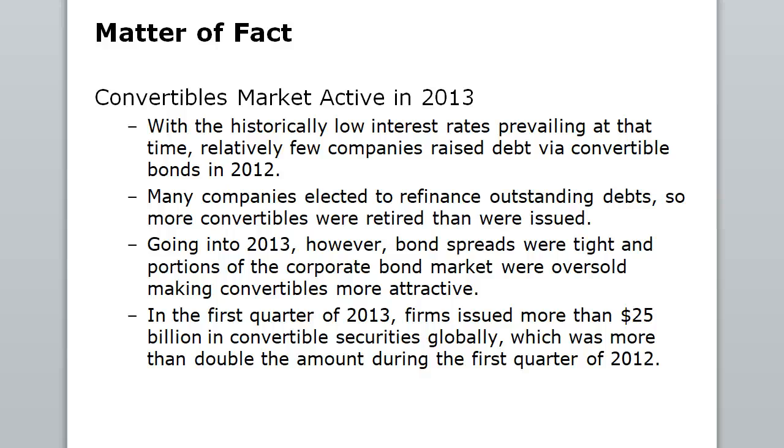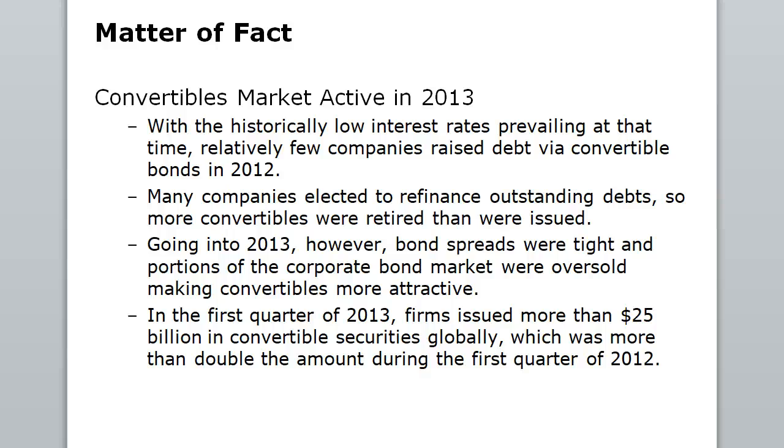Activity in 2013, we look at, it was a historically low interest environment. Relatively few companies were raising debt via convertible bonds in 2012. Most companies elected to refinance outstanding debts, so more convertibles were retired than issued.